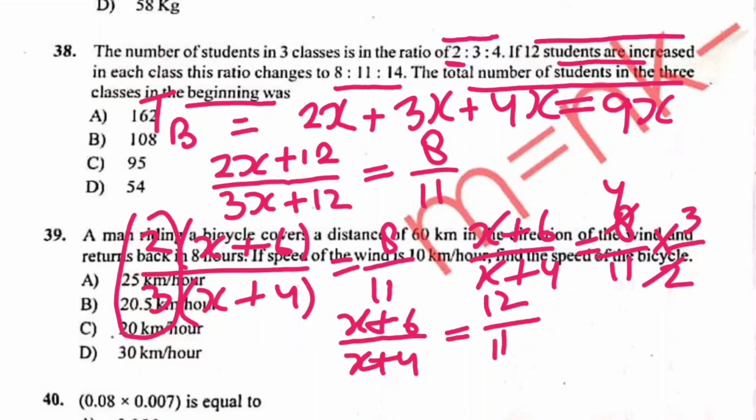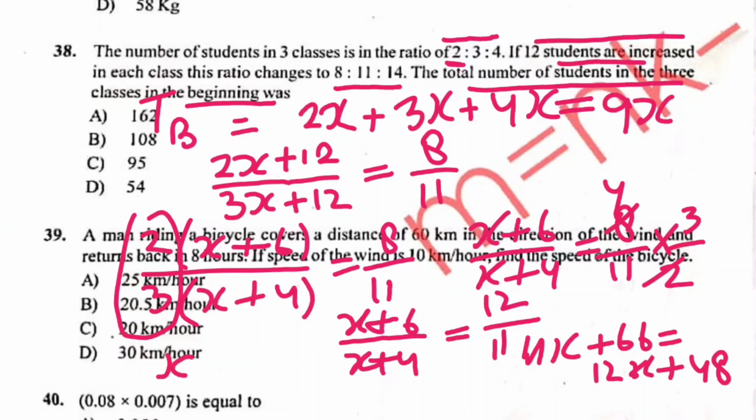Okay, solving for x, we get 11x plus 66 is equal to 12x plus 48. Okay, solving for x, so we have 12x minus 11x is x, so we will get x is equal to 66 minus 48. Subtracting, we will get 18. So x is equal to 18.